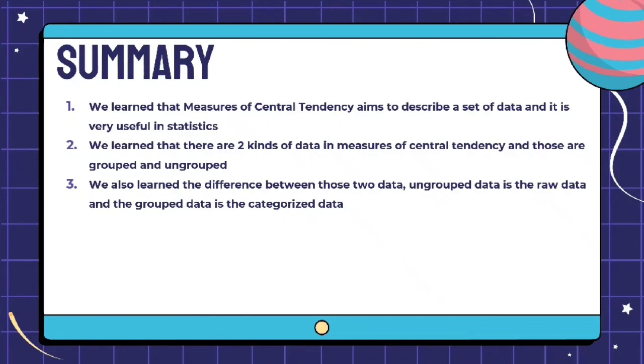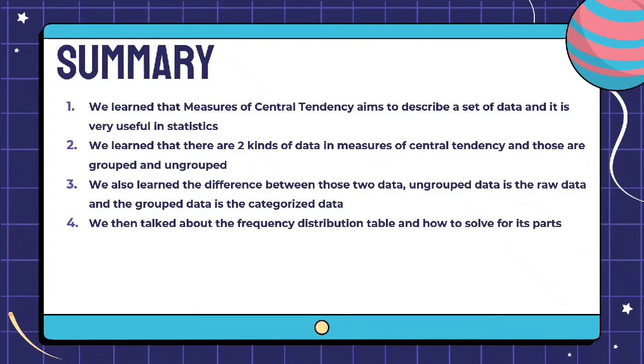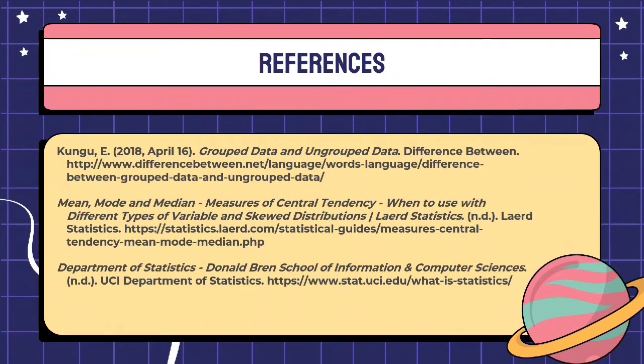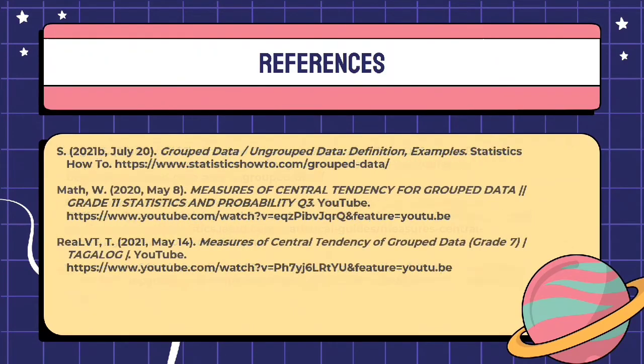Ungrouped data is the raw data, and the grouped data is the categorized data. We then talk about the frequency distribution table and how to solve for its parts. And finally, we understood that the 3 M's are mean, median, and mode, and how to solve for them using their corresponding formulas. These are the references that I used while making this video.